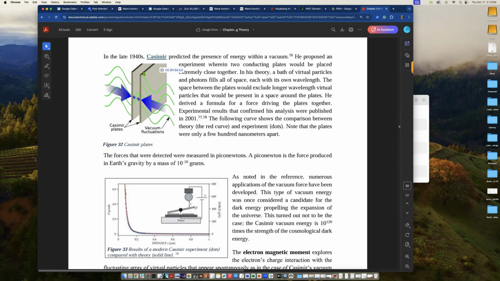So we embed these plates in a vacuum, and the whole vacuum is filled with particles of different wavelengths, but only the short wavelength ones will fit in here, which means there's less energy between the plates than there is outside.